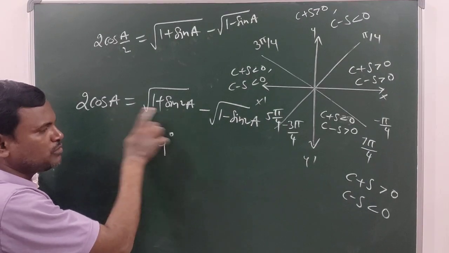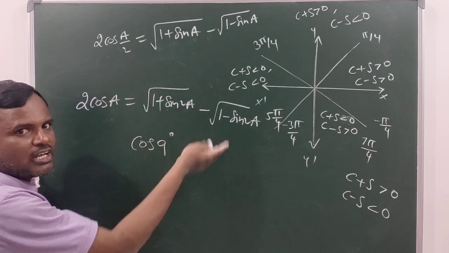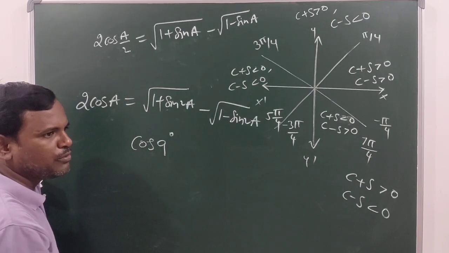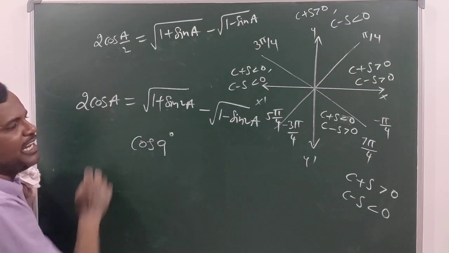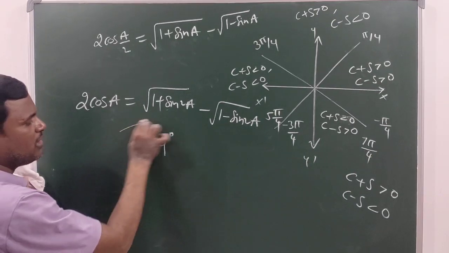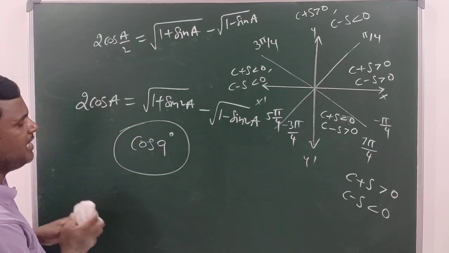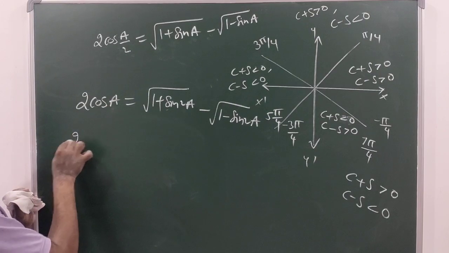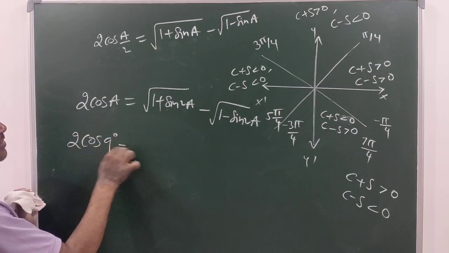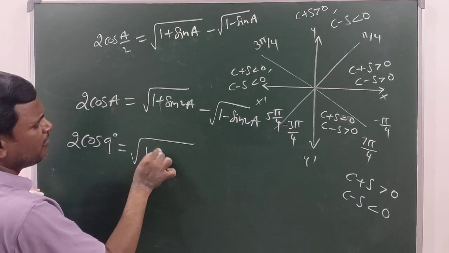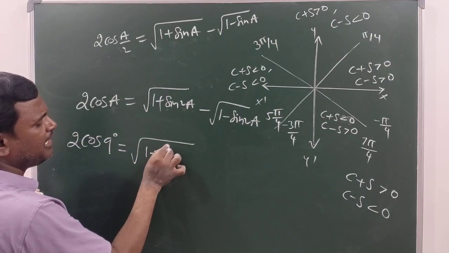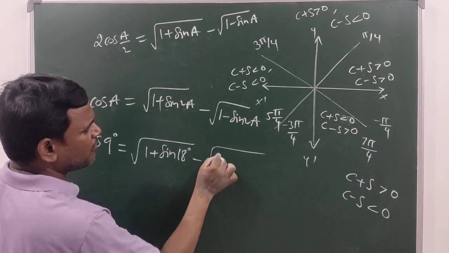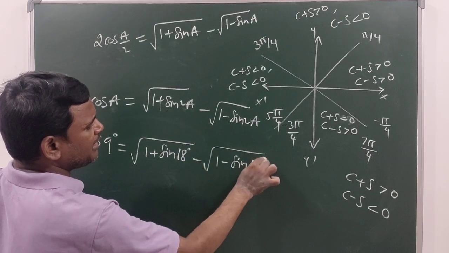I hope you have understood how it is written. Next, I am asking you to find cos 9 degrees. For that, just replace a by 9 degrees. Substituting a equal to 9 degrees, cos 9 degrees equals square root of 1 plus sin 18 degrees minus square root of 1 minus sin 18 degrees, since 2 nines are 18.